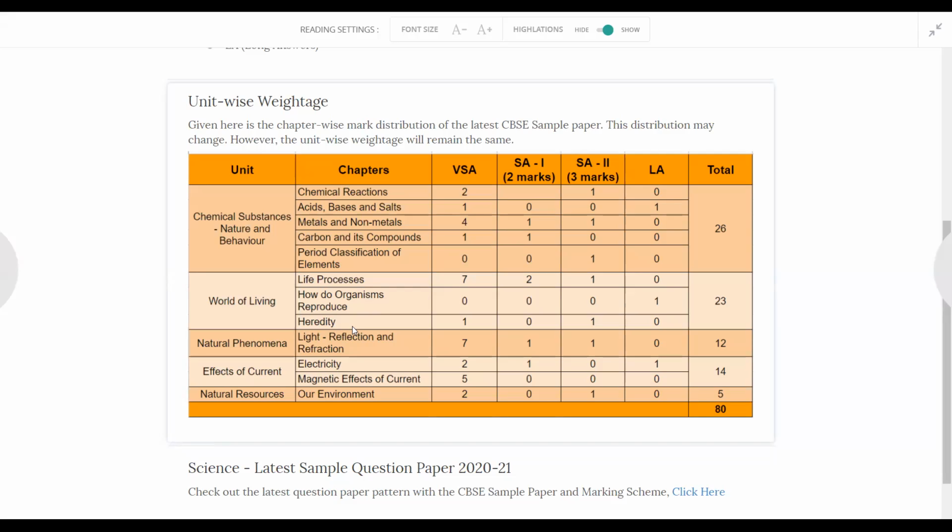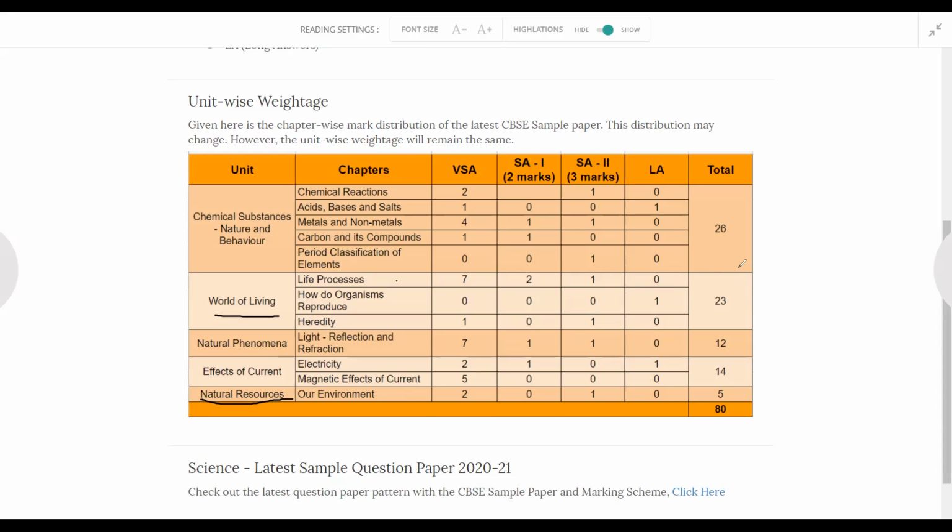In the world of living unit, you have 3 chapters: life processes, how do organisms reproduce, and heredity. The next unit is natural resources, and you have the chapter Our Environment in this unit. So in one you have 3 chapters and in the other 1 chapter, so the total is 4 chapters.